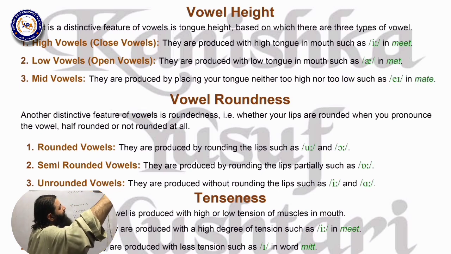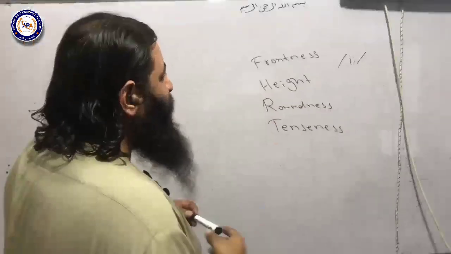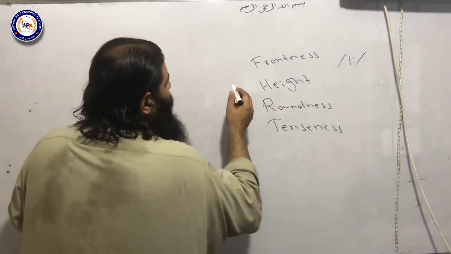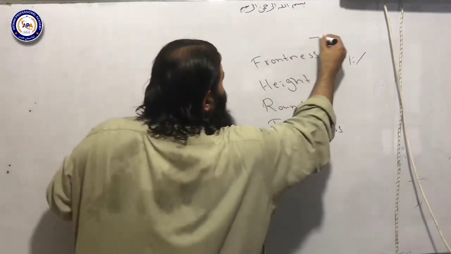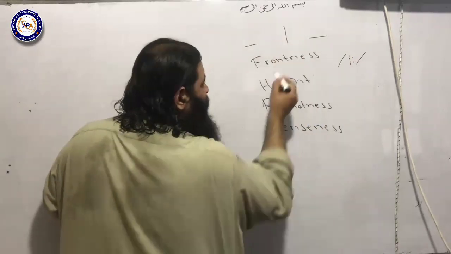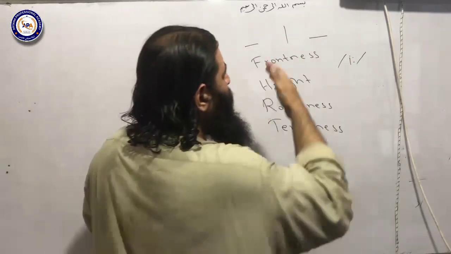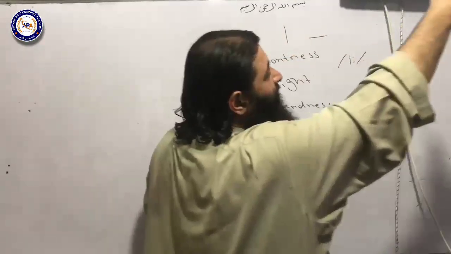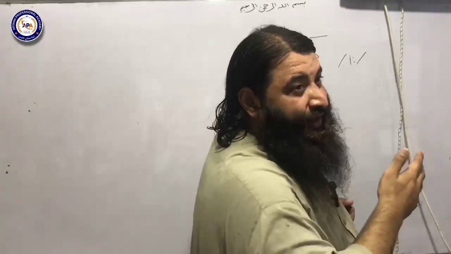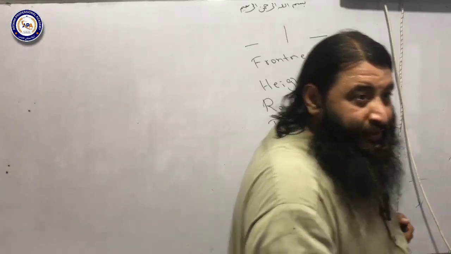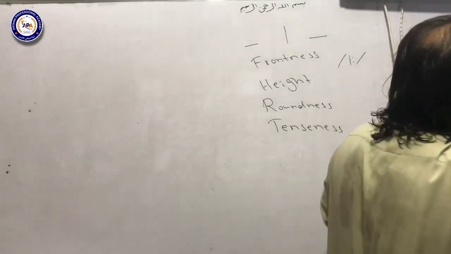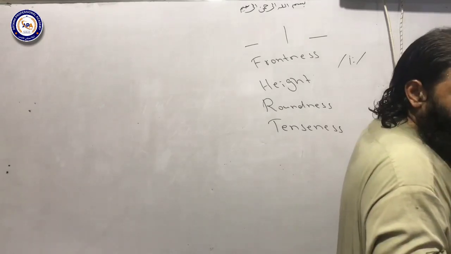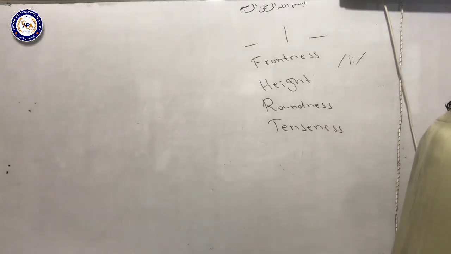They are produced by placing your tongue neither too high nor too low. Yesterday we studied frontness. In frontness we had front vowels, back vowels, and central vowels. The middle ones were called central vowels. Here the middle ones are called mid vowels. Not very high, not very low. The tongue is in mid position. Such as the a sound. Again, we'll come to the video.